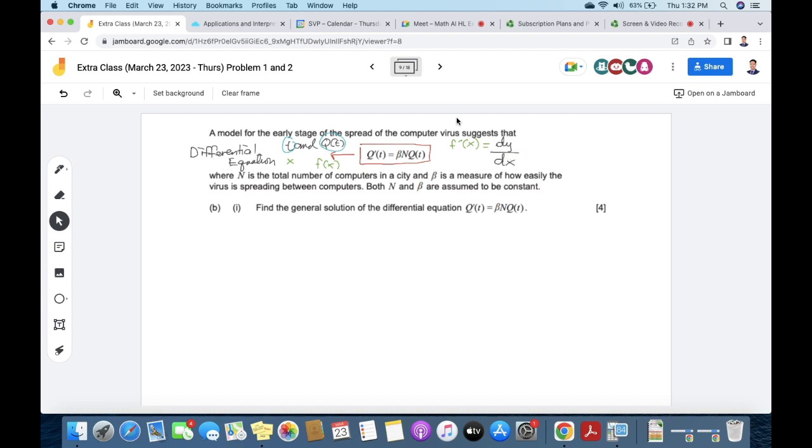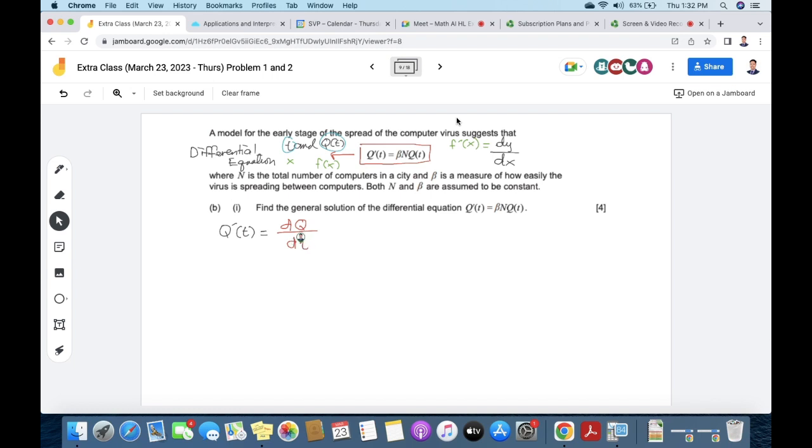F prime of x is equal to dy over dx. Therefore, q prime of t will just be equal to what? We don't use y and x. Remember that we're using a different variable. Very good. So we can now write it as dq, this is our y, all over dt.